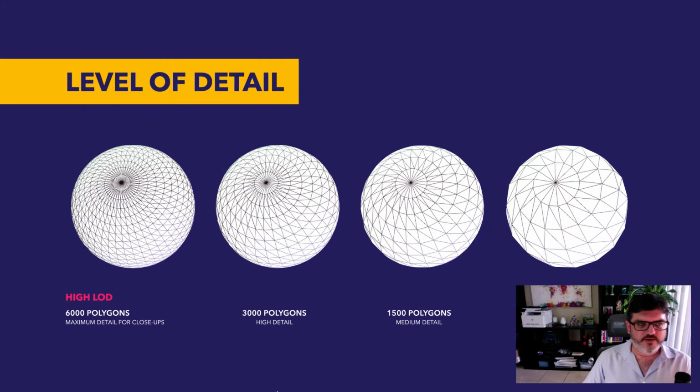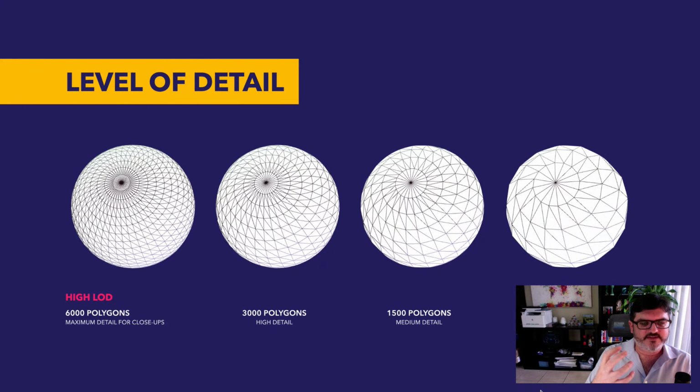One of the ways you do that is by using different levels of detail, or LODs. For the same model, you might have four different versions, as in the example here, so that when this object is close up to the player, you use the highest level of detail.